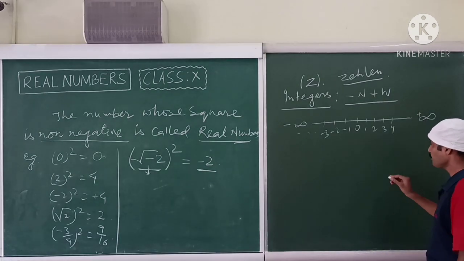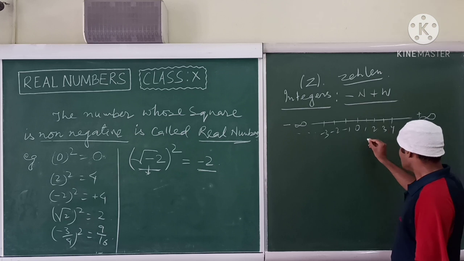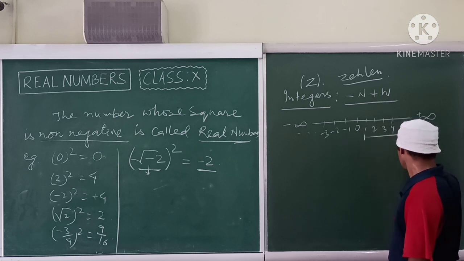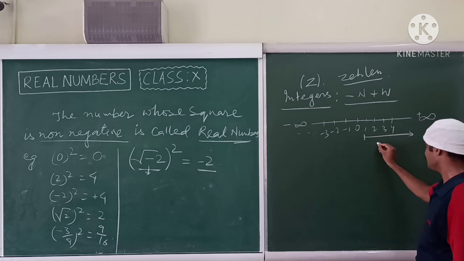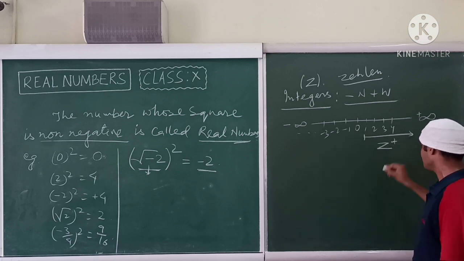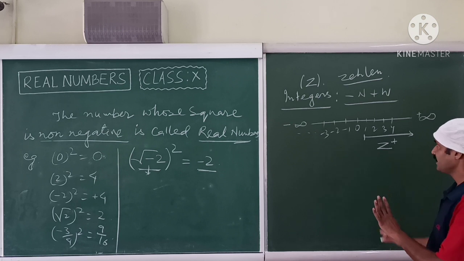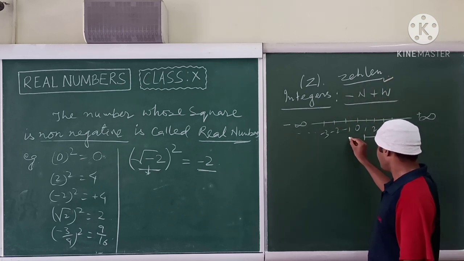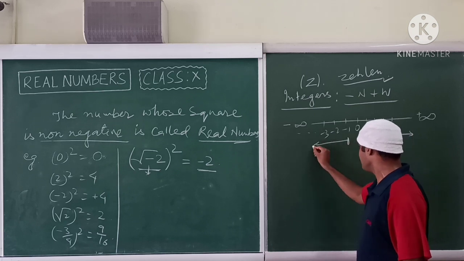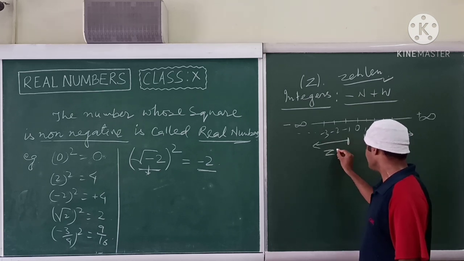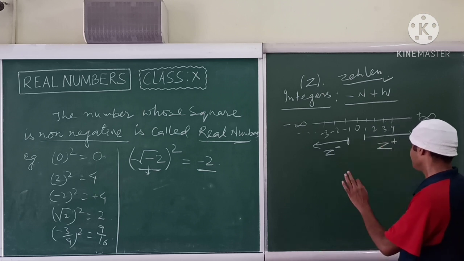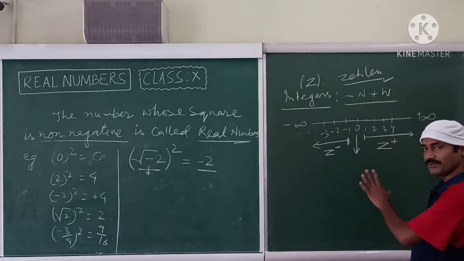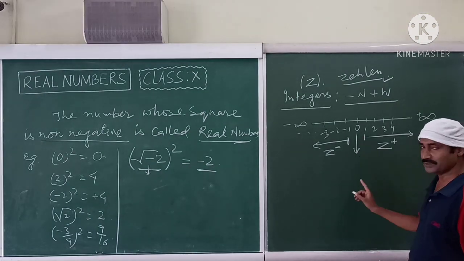In the integers, the positive integers, 1 onwards, are denoted by Z plus, where Z stands for Zählen. And -1 backward are the negative integers, Z negative. 0 is neither negative nor positive; it is neutral.